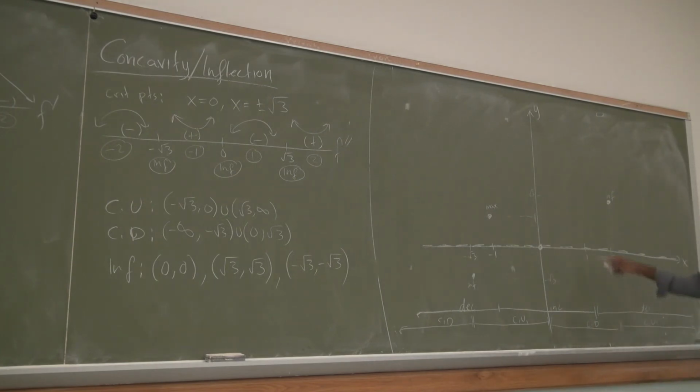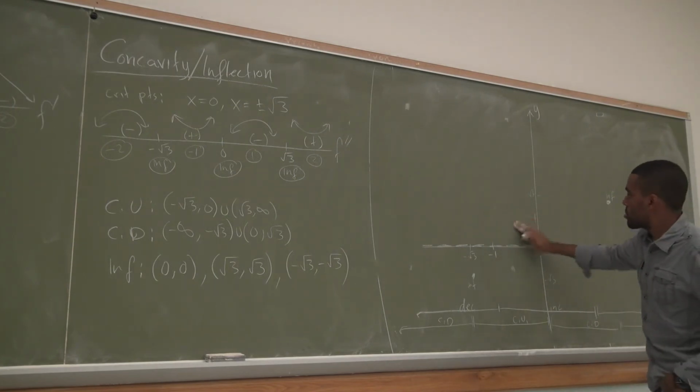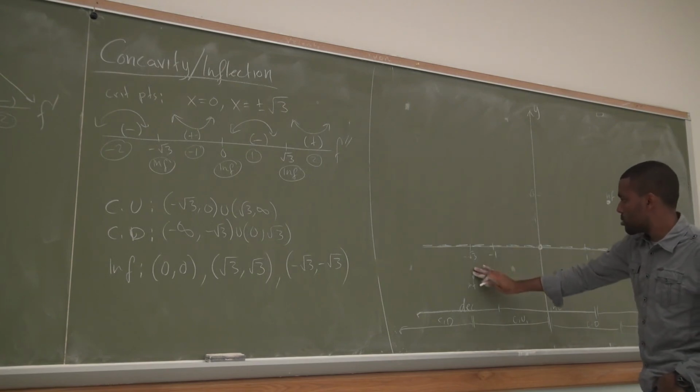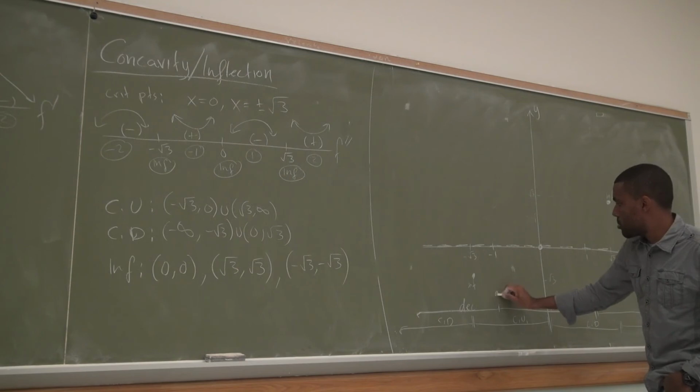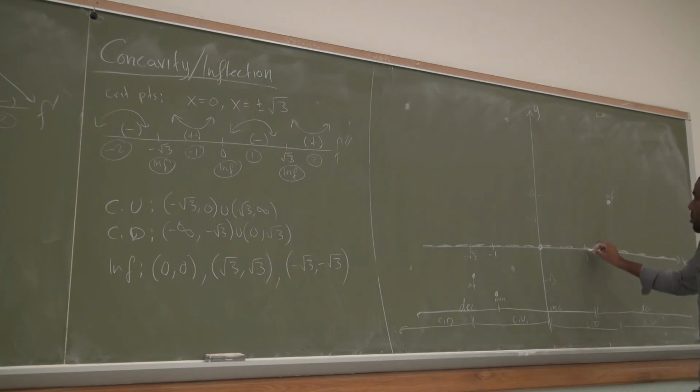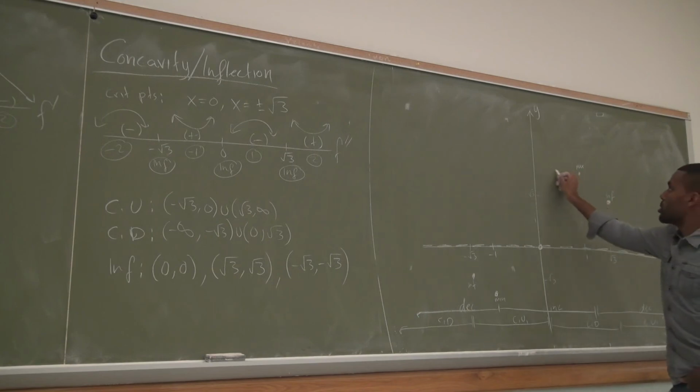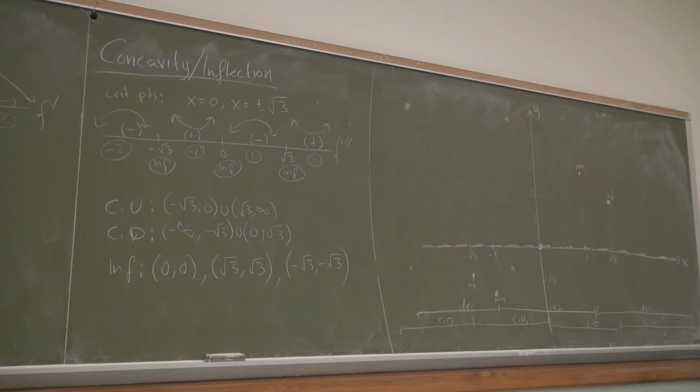And -1 comma -2 was a minimum. 1, 2 was a maximum, which would make sense.